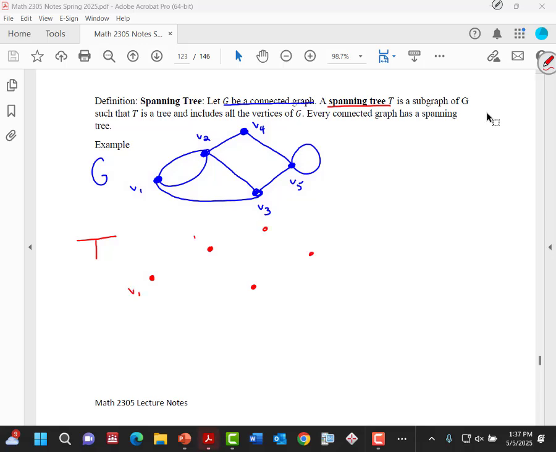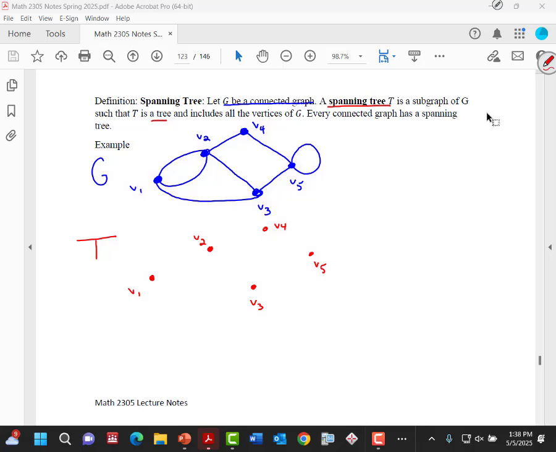So V1, V2, V3, V4, and V5. Now, to construct this, I want T to be a tree. So, what do I mean for it to be a tree? Well, it needs to be a connected graph and have no cycle as a subgraph.